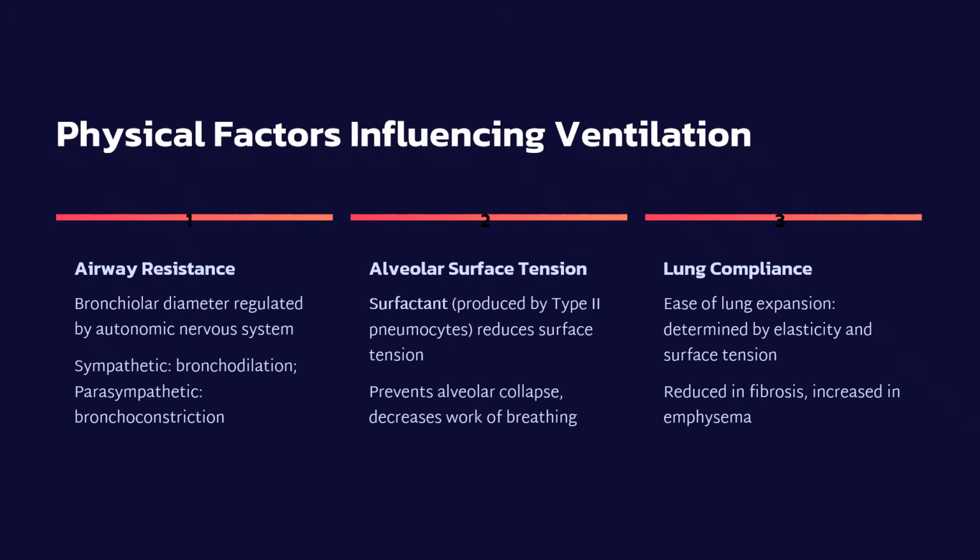So we have your sympathetic, which causes your bronchodilation, and your parasympathetic, which causes your bronchoconstriction. Your alveolar surface tension: your surfactant, which is produced by your type 2 pneumocytes, reduces your surface tension. So it prevents your alveolar collapse and decreases the work of breathing.